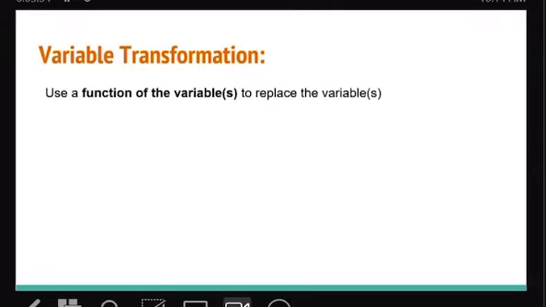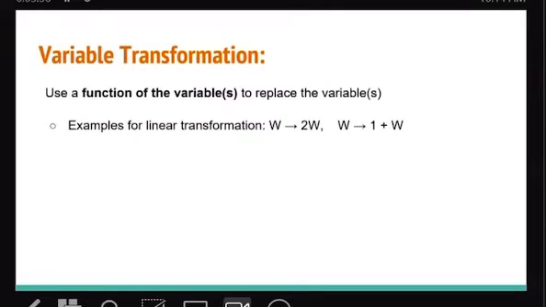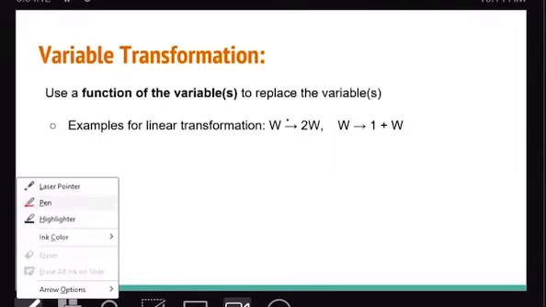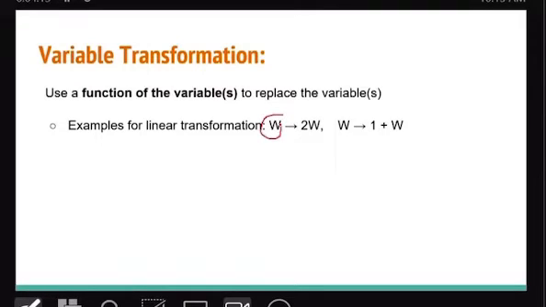Now, I need you to take a look at this. I want to talk about different kinds of transformation right now. Number one is what we call linear transformation. Maybe for instance, I have the variable W, and there was a problem. Then I decided to multiply by a constant.